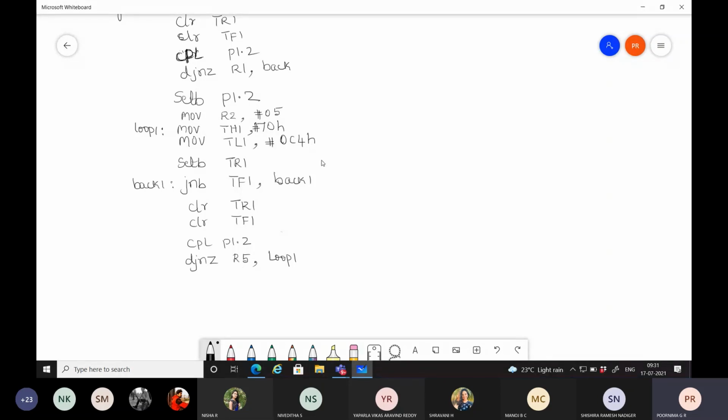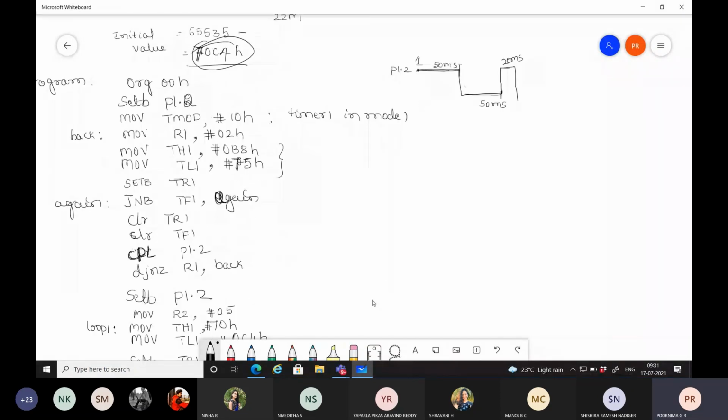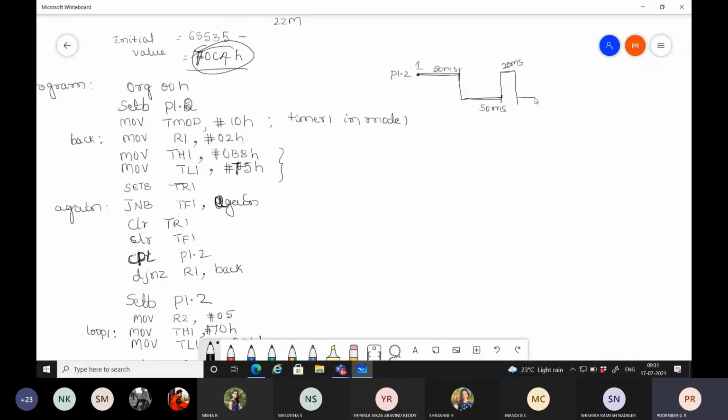So therefore, if you go for your waveform, how many times has the waveform been generated? It is 20 milliseconds, 20 milliseconds, 20 milliseconds, again 20 milliseconds, 20 milliseconds. So like this, 1, 2, 3, 4, 5. Afterwards, it should start again continuously with 50 milliseconds off and 50 milliseconds on.